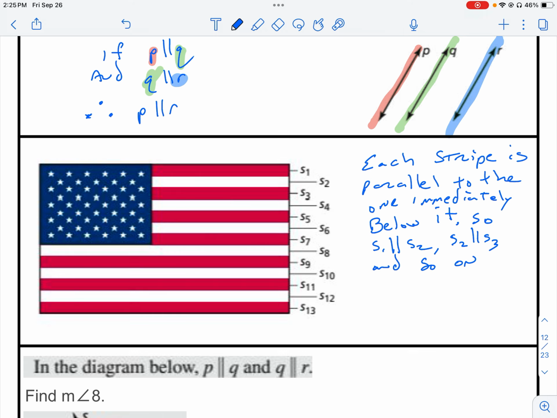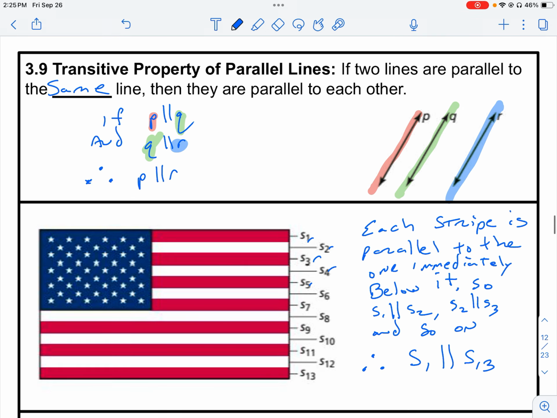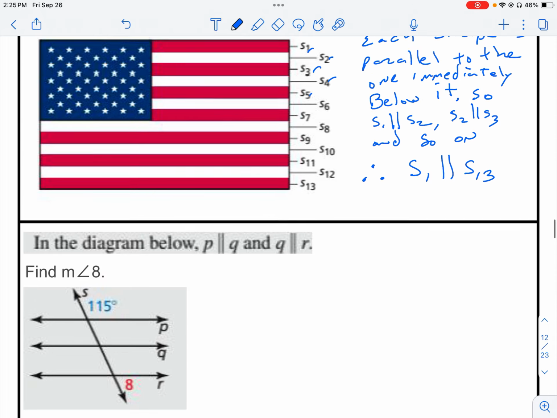Since S1 is parallel to S2, S2 to S3, S3 to S4, S4 to S5, all the way down to S13, we can say, therefore, S1 is parallel to S13. I don't know why I dotted that, but that's going to be true. And that's our transitive property of parallel lines in action.